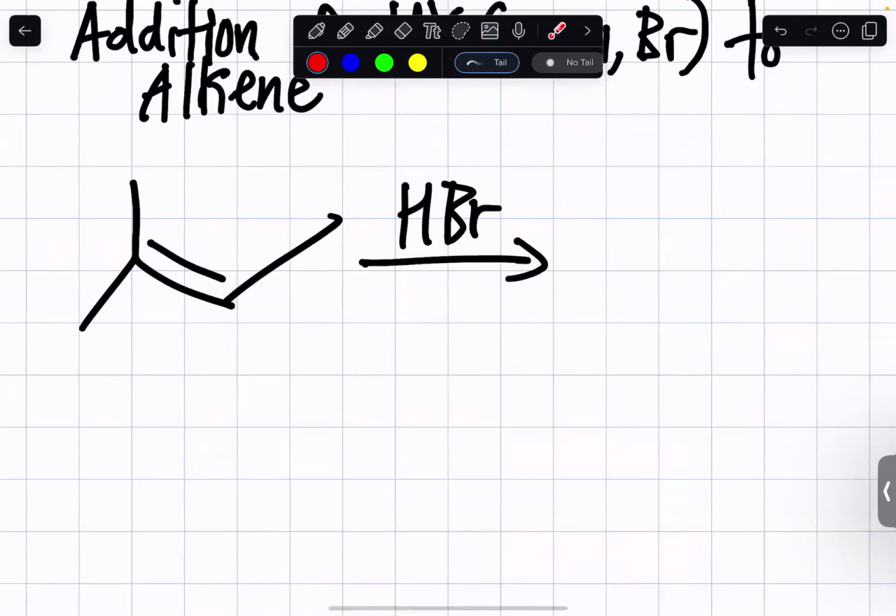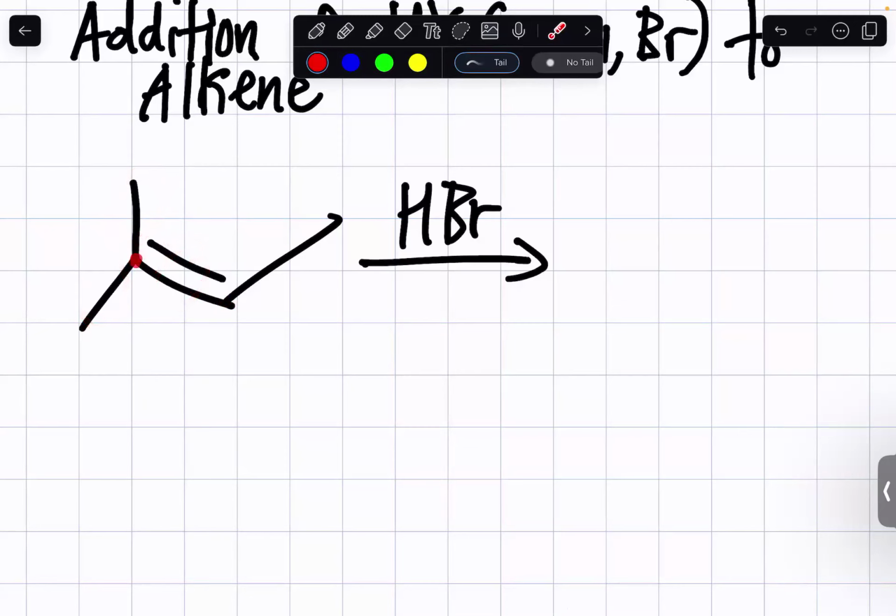First, which carbon of the alkene is going to give us the most stable carbocation intermediate? Which carbon is the most substituted? Yeah, the left one right here, because there are more groups around that carbon.